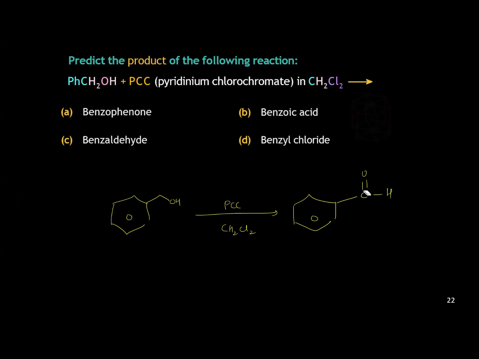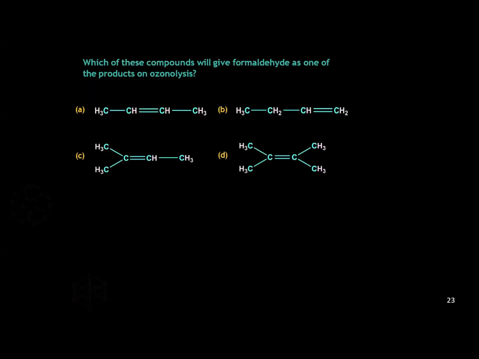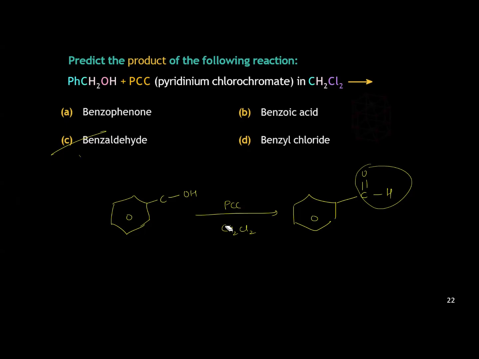Actually, sorry, this is not. One second. So here the carbon is directly attached to the benzene, and now the aldehyde group is directly attached to the benzene group. So the answer will be the benzaldehyde. Understood? This is all yesterday's class. That's why I'm not explaining in detail, because yesterday we did these kinds of examples.